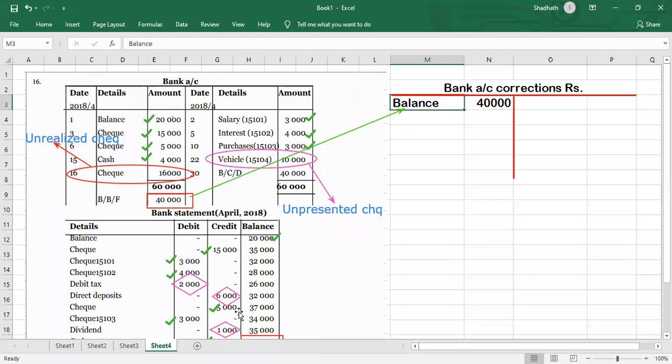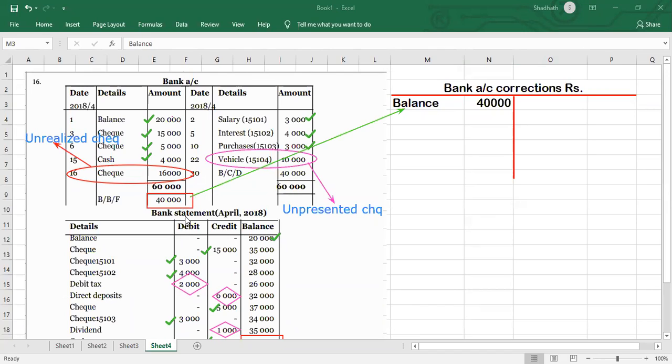Entries in the bank statement which are not recorded in the bank account: debit tax 2,000 is debited in the bank statement but not appearing in the bank account.